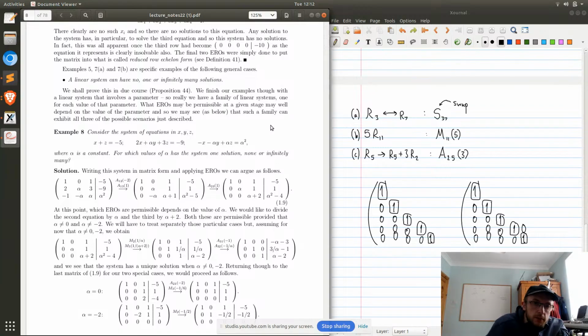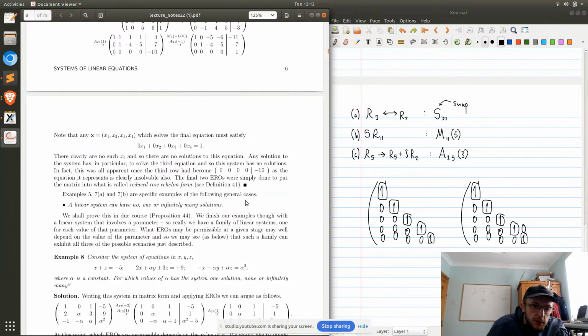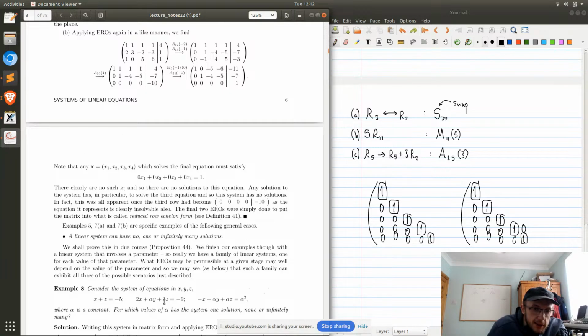Oh, cool. That's really interesting. So alpha is this mystery constant. And they're saying, hey, try and find an alpha where the system has one solution, and then try and find an alpha where it has no solutions, and then find one where it has infinitely many.